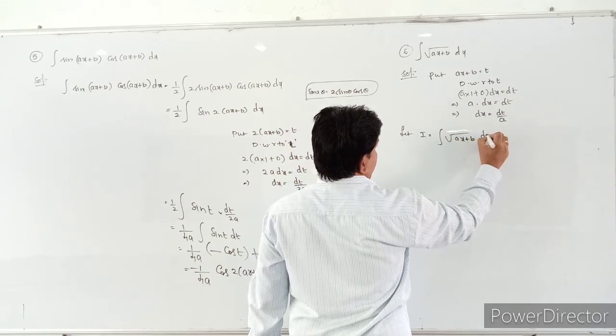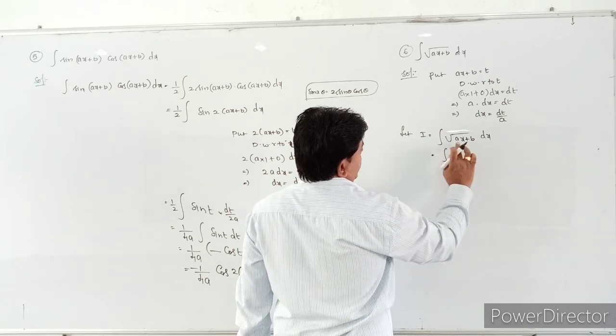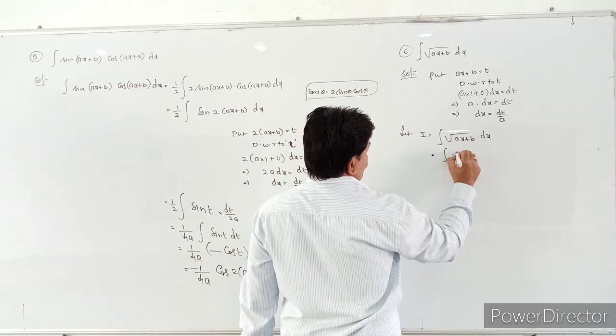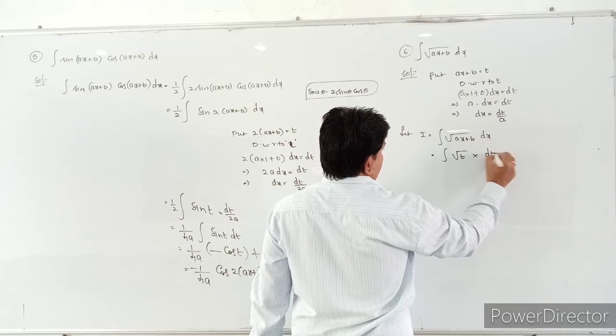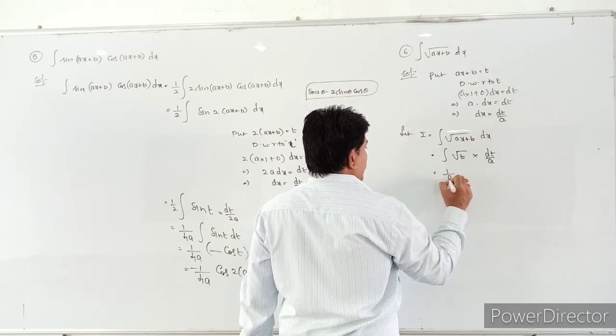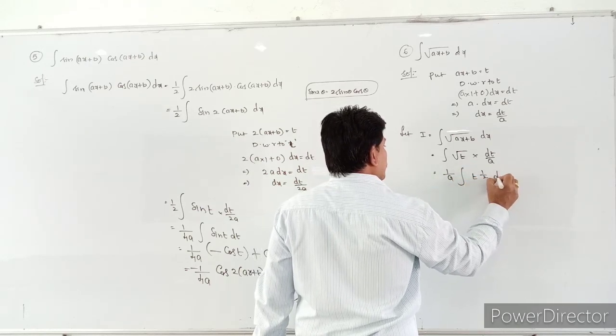Let I be equal to the integral of root of ax plus b into dx. Ax plus b is nothing but t, so it becomes root t into dx, and dx value is dt by a. So that is equal to 1 by a integral of t power 1 by 2 into dt.